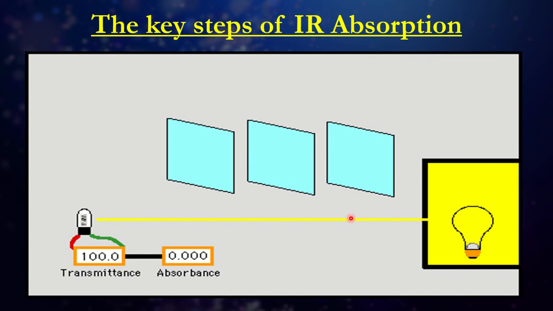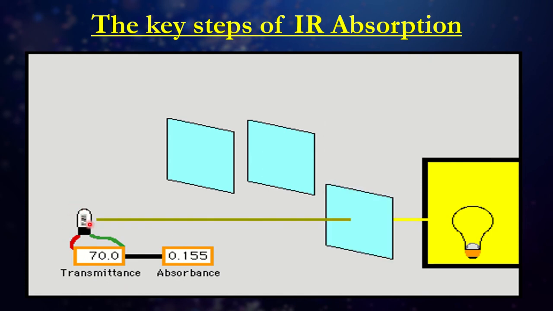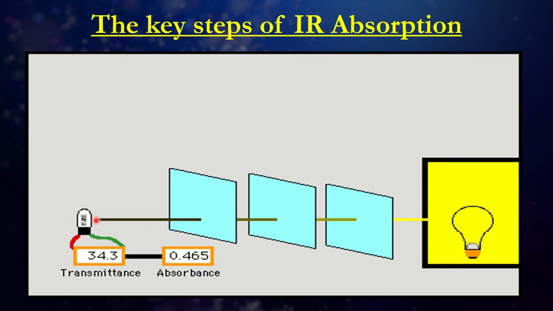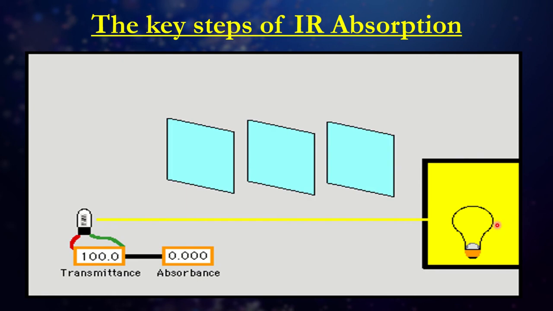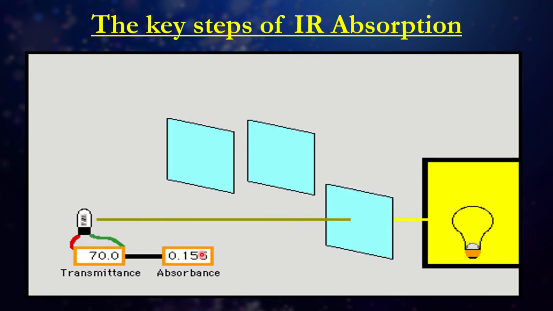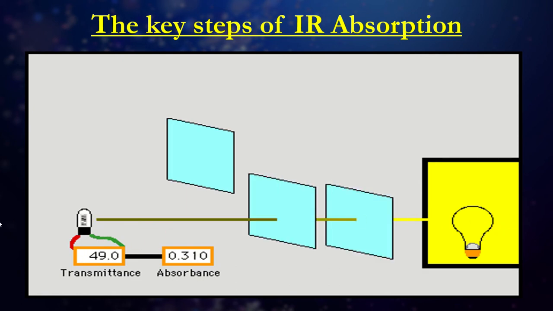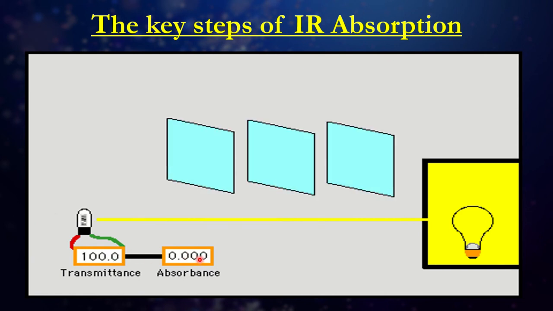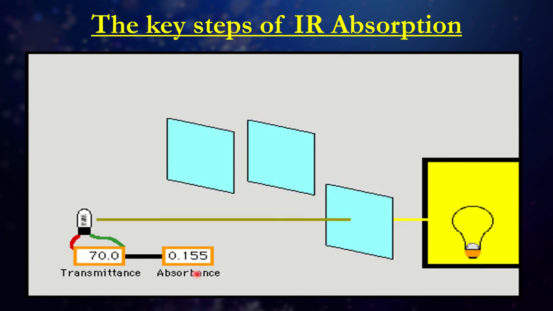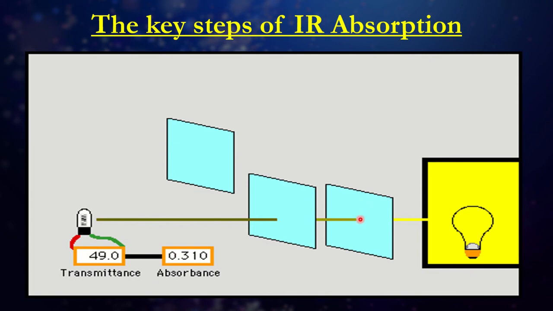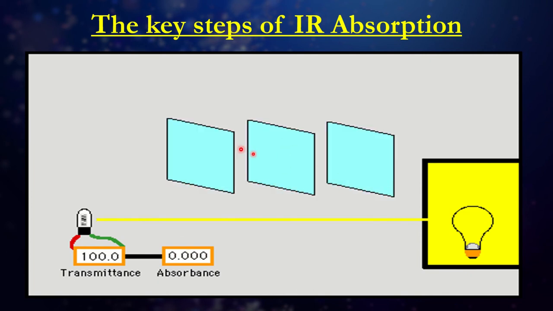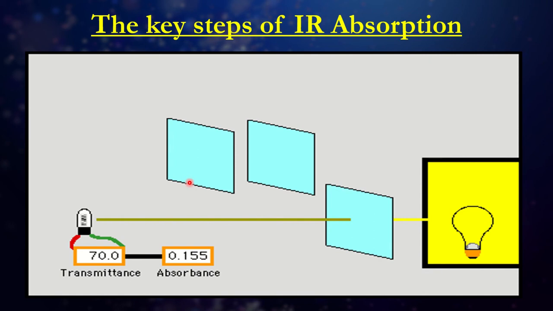If we assume that we have 100% light traveling from the emitter of the infrared to our detector, that's what we're trying to measure here. How much light do we get going through? Absorbance is a technique we use to calculate the amount of infrared that is absorbed by the sample itself.